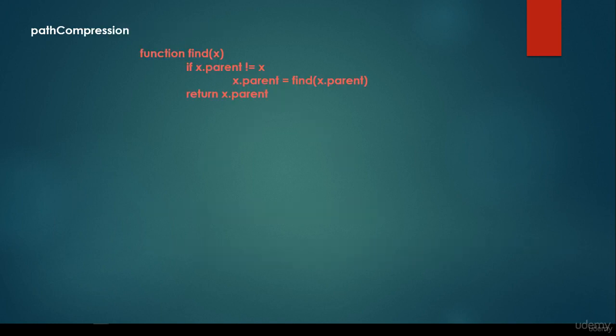What about the path compression? This is basically the modified find method. We are looking for the X, and if the X parent is not equal to the X, which means that this is not the root node, this is not the representative, we are going to set the parent to be the find of the X.parent, and basically this is the recursive method call.